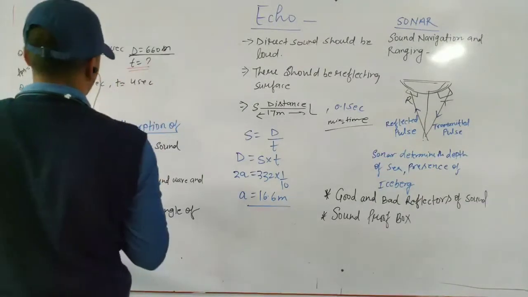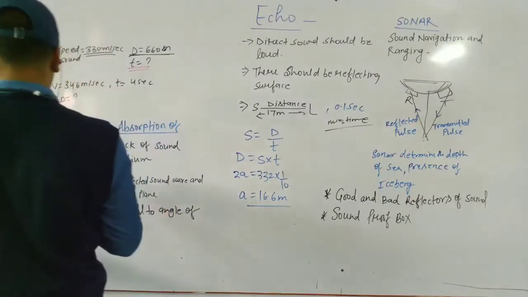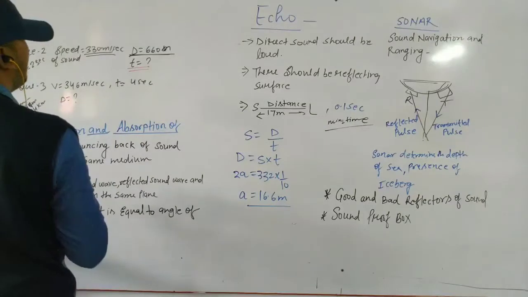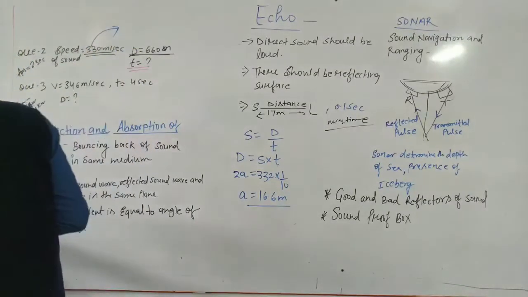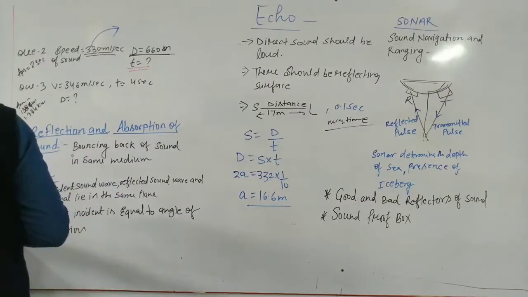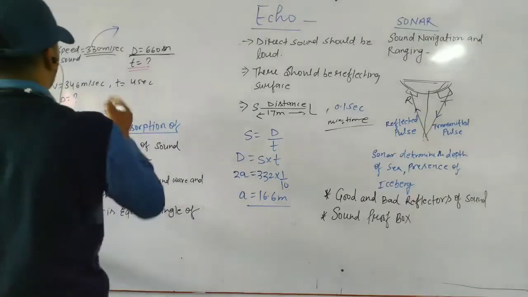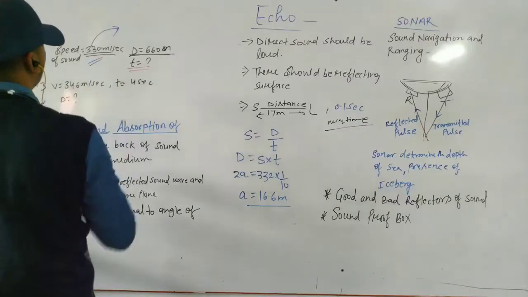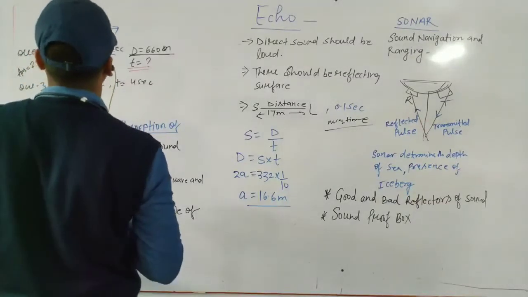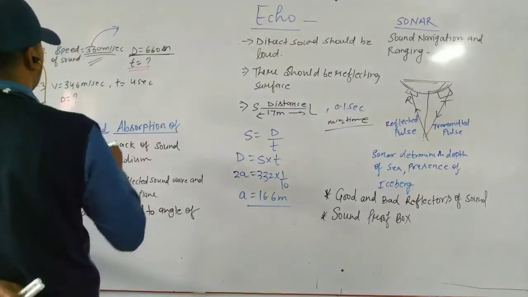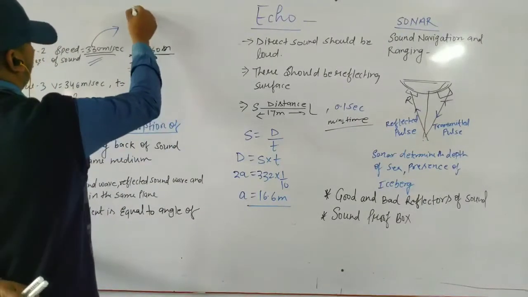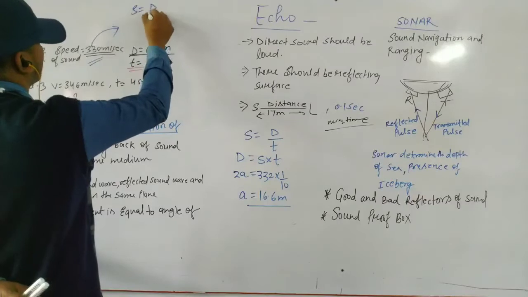The boy is standing 660 meter away from the source of sound. The sound travels from the source at 330 meter per second. So what is the time to reach this distance? What shall we apply? Speed is equal to distance upon time.